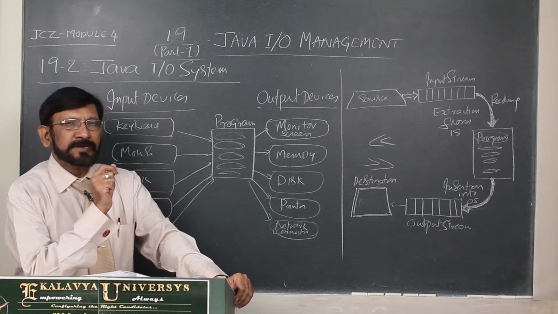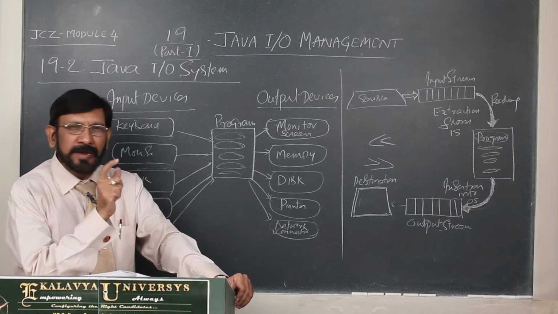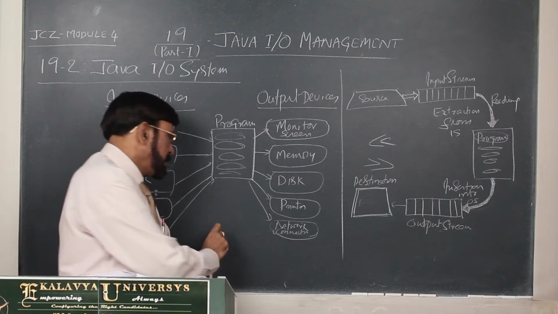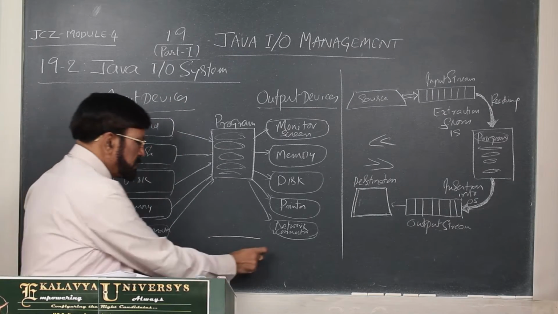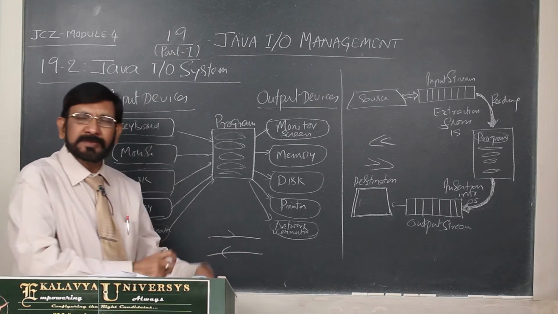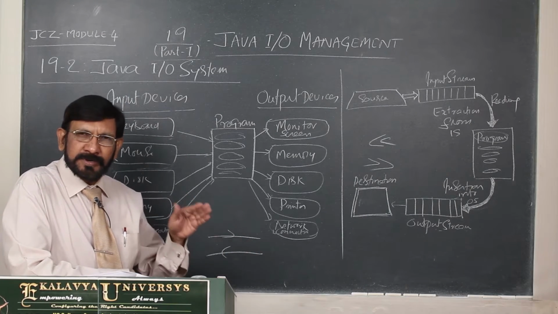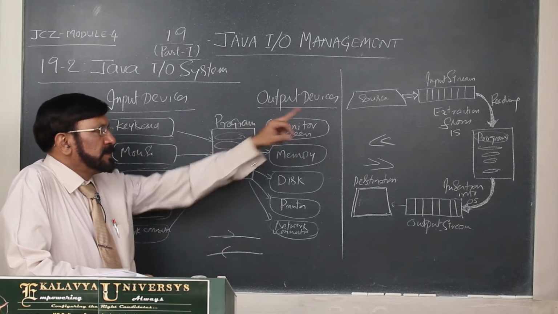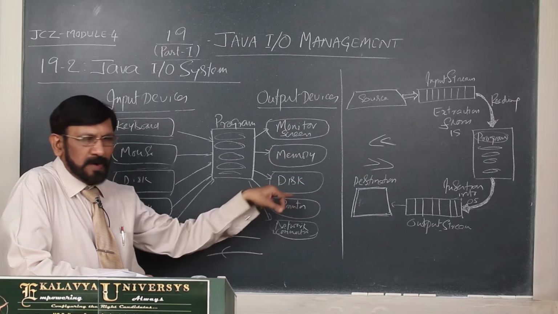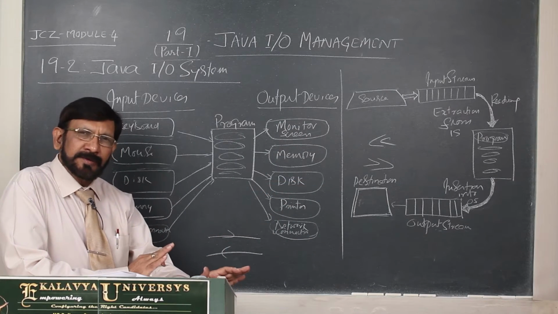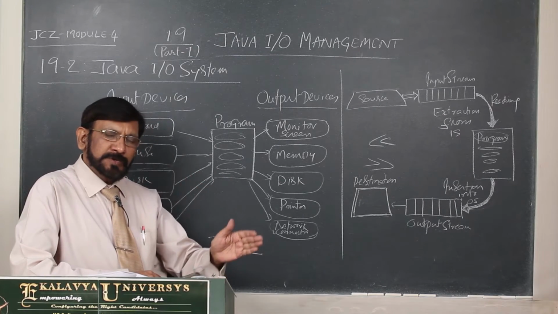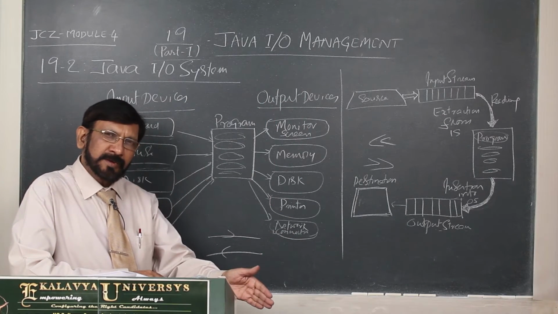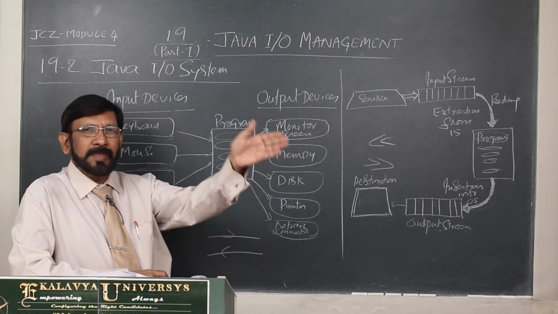Number two feature is all are unidirectional. Unidirectional means some types of streams are this, some types of streams are this. These are one-way traffic. Input streams in one direction, and the output stream is in a different direction. That's why, as I told you, for all input streams, input stream classes are there, and corresponding output stream classes are there.